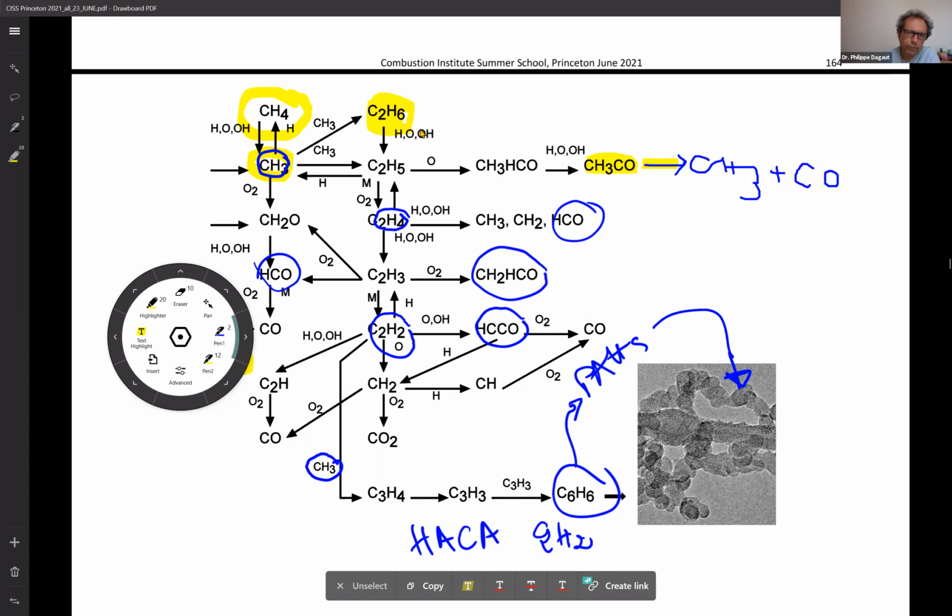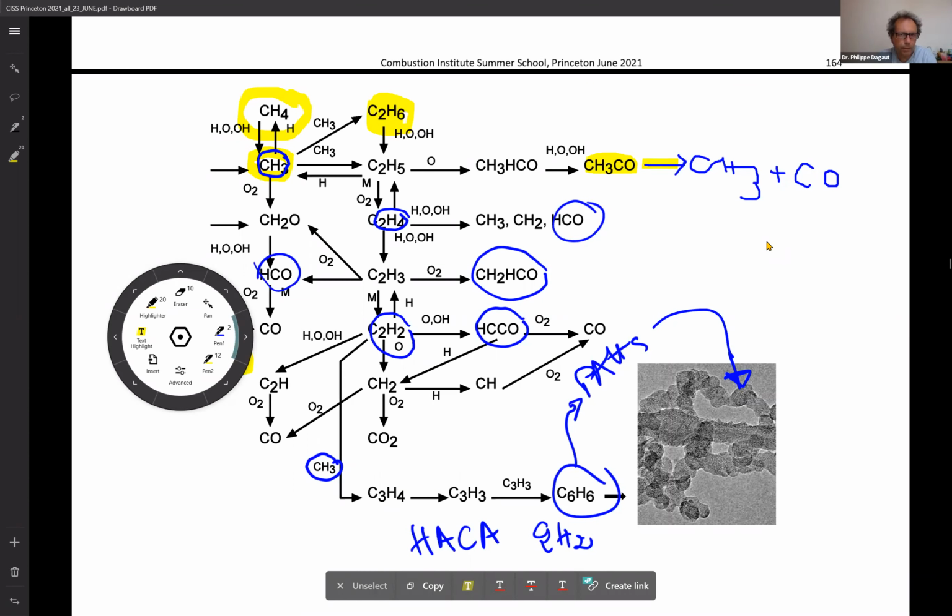And what is very interesting is that you start with a C1 fuel, and finally you can get much bigger molecules through this initial recombination of methyl radicals. And this is not exceptional.